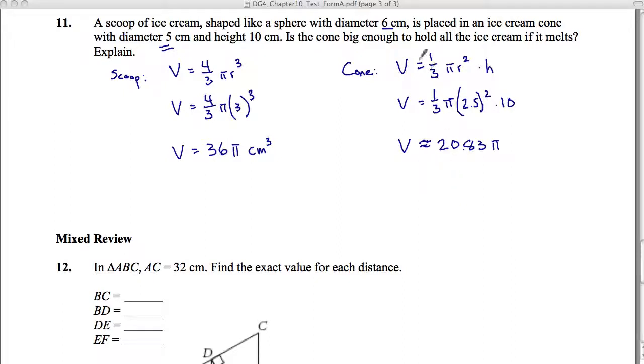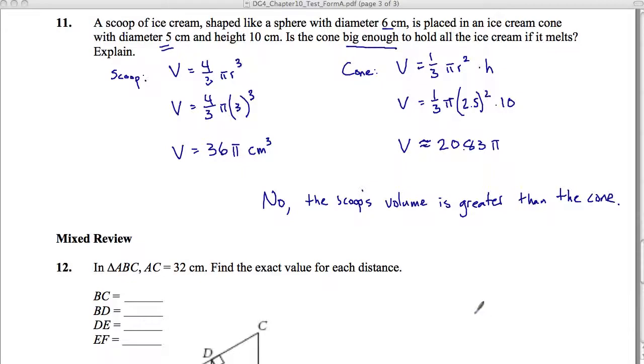Right, so to answer this question, is the cone big enough? We can say no. Right? The ice cream will fall out. The scoop's volume is greater than the cone. Alright, so that's the problem right there.